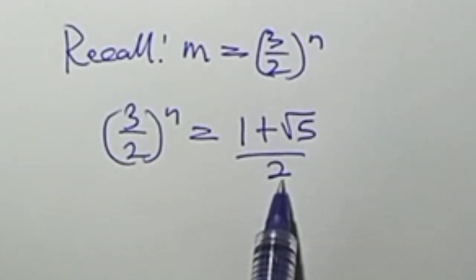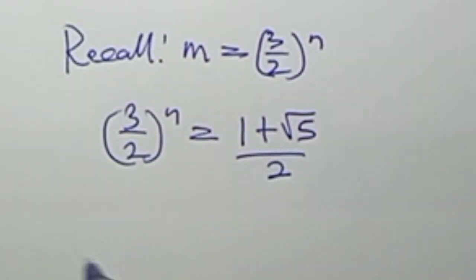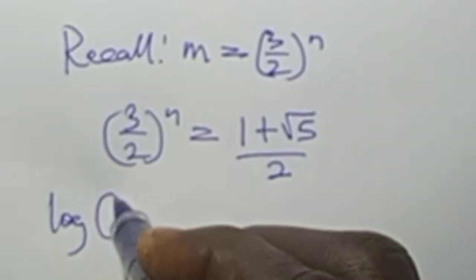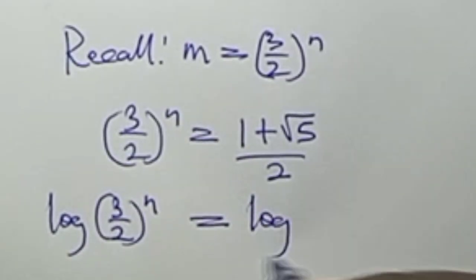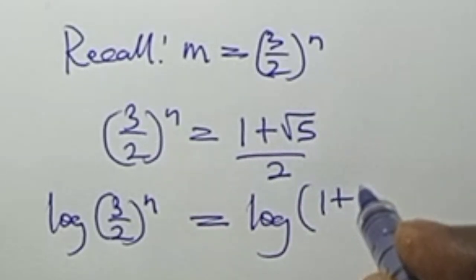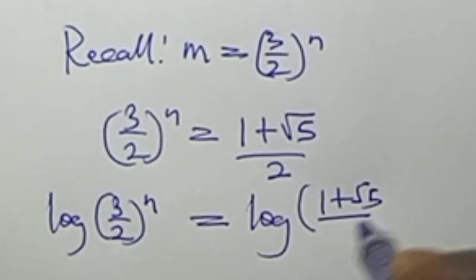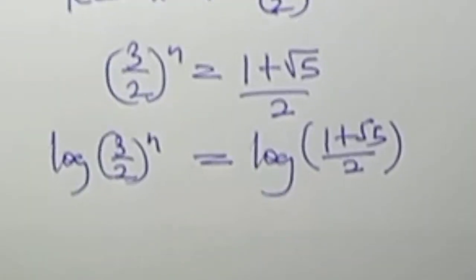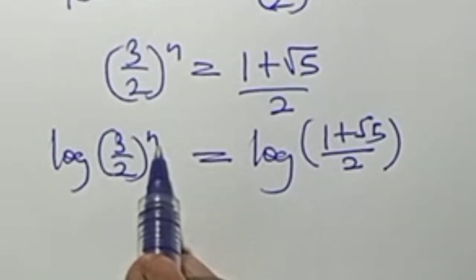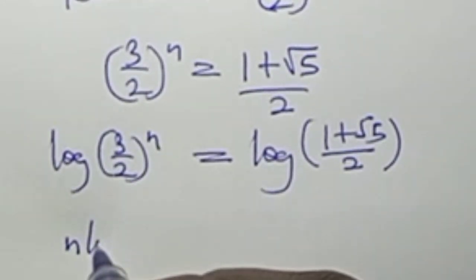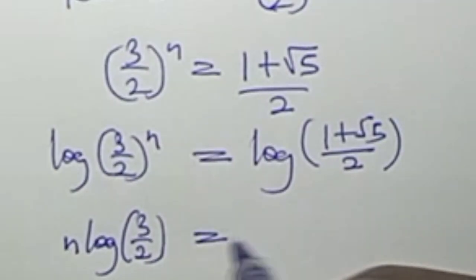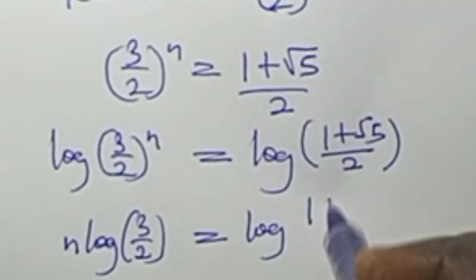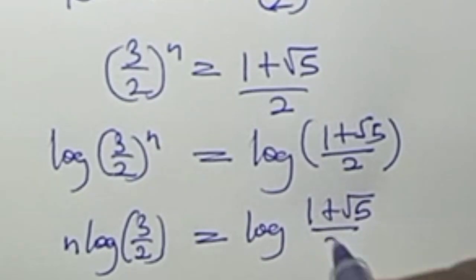Here we're going to take the log of both sides: log of (3/2)^n is equal to log of (1 plus square root of 5 over 2). If we do this, the power will come down to become n log 3/2 equals log of (1 plus square root of 5 over 2).